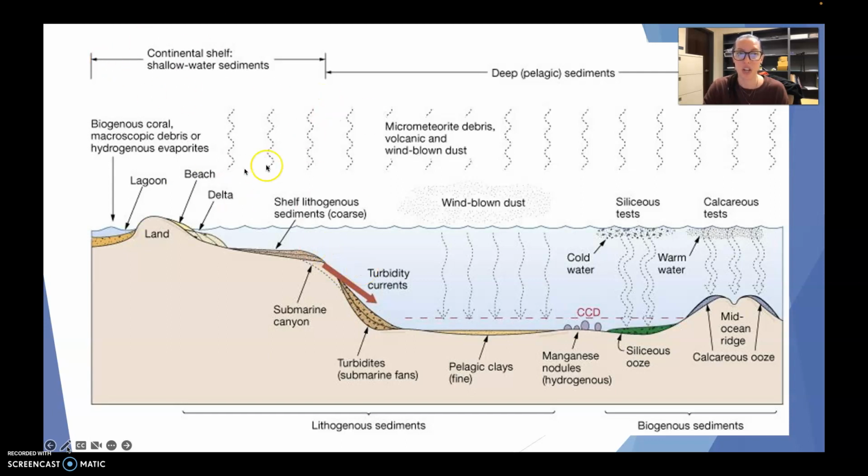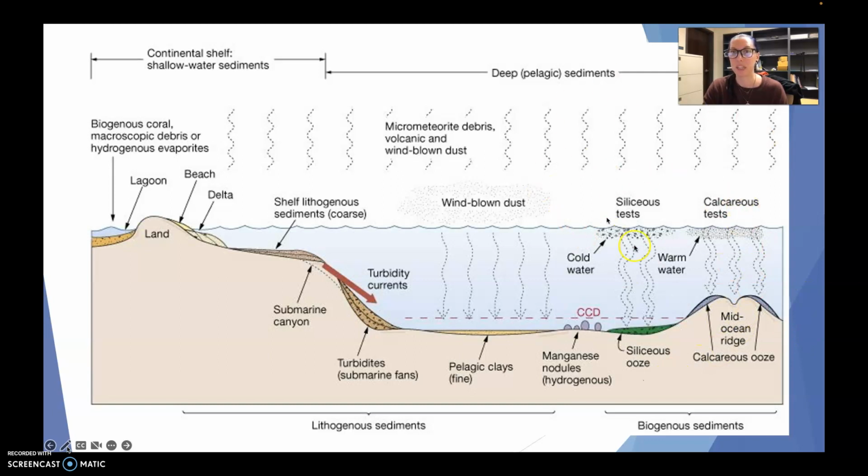Then out into the shallow water area, we have shelf lithogenous sediments, which are coarser. We have some turbidity currents, those circular things that go down, which can give us sea fans, versus micrometeorite debris, volcanic and wind-blown dust, which can eventually make it to the bottom of the ocean. It can sink over long periods of time.